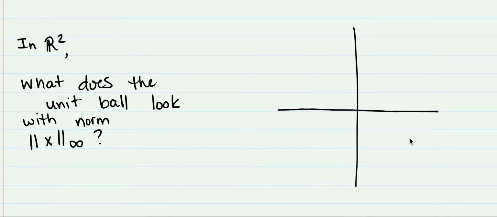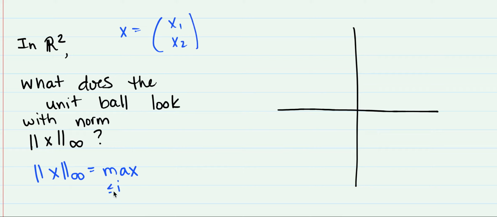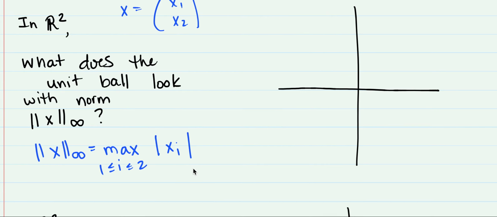But what does the ball look like with this infinity norm? Now remember that this is the max. Now we're in R2, so the vector looks like x1, x2. So the max from 1 to 2 of the absolute value of the xi's. And the unit ball is the set of vectors x such that the length of x is less than or equal to 1.